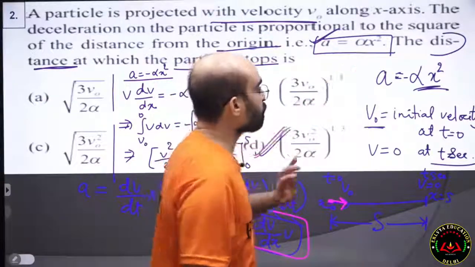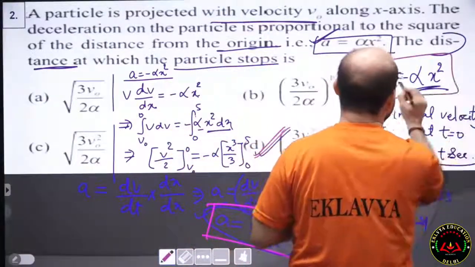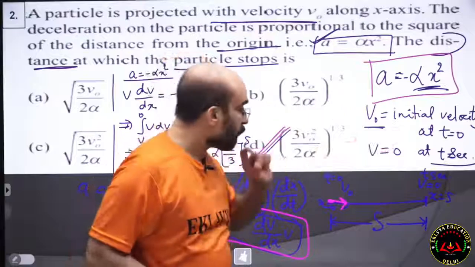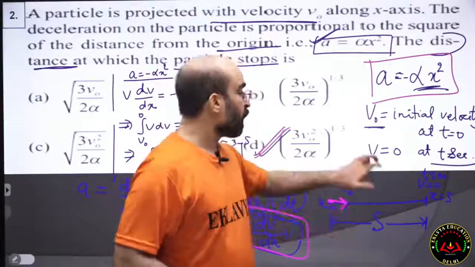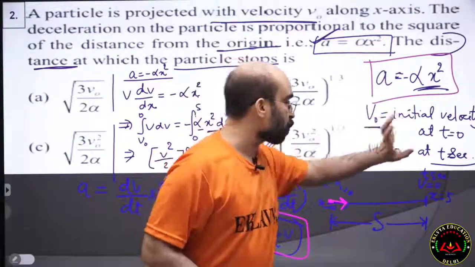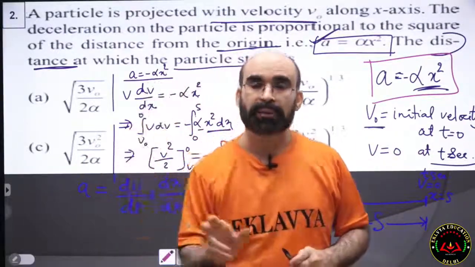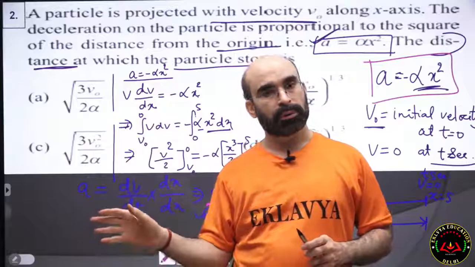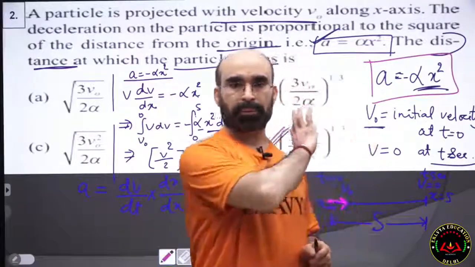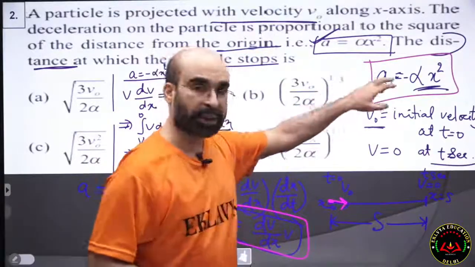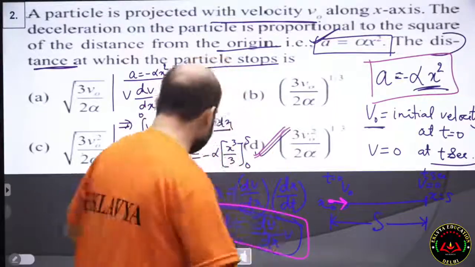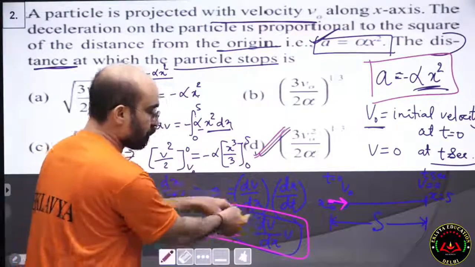So negative acceleration, that's why I have put it here. Second thing is that initial velocity is already given. This sort of question could be given in terms of time also, right? But here we have it in terms of x. So we need to have this expression, acceleration in terms of x.